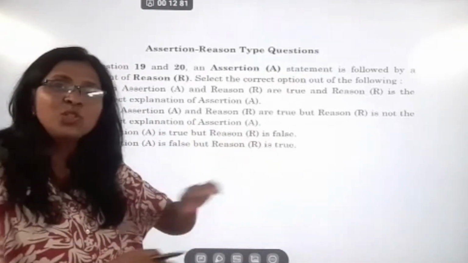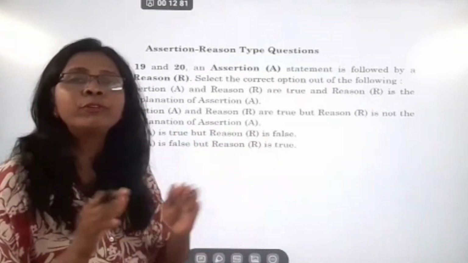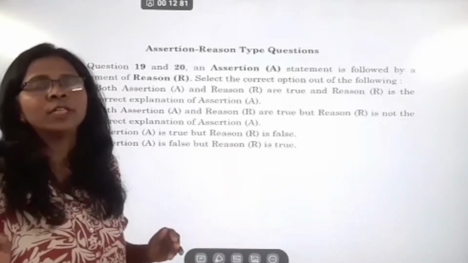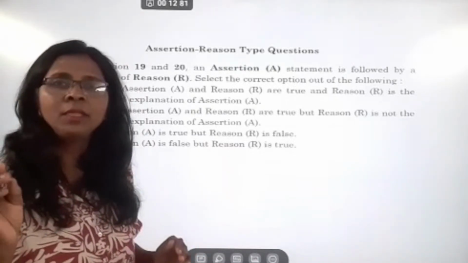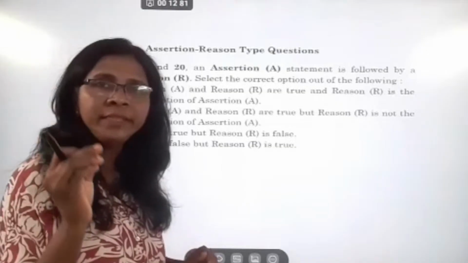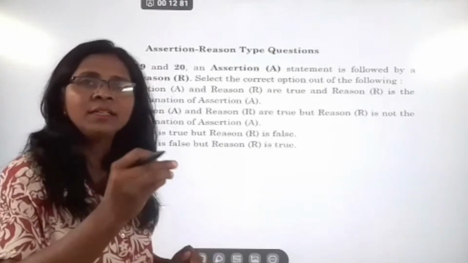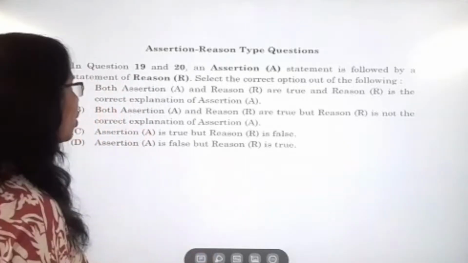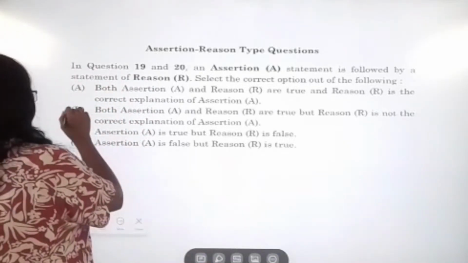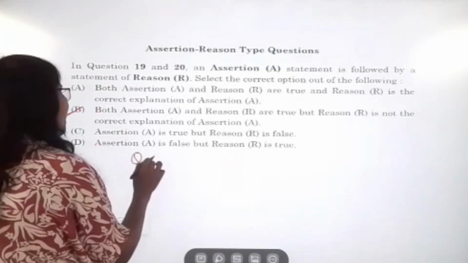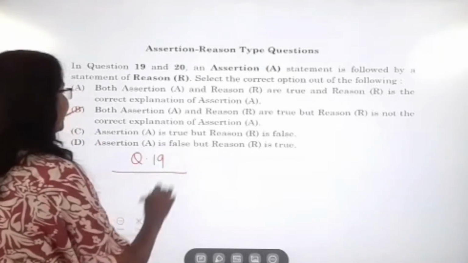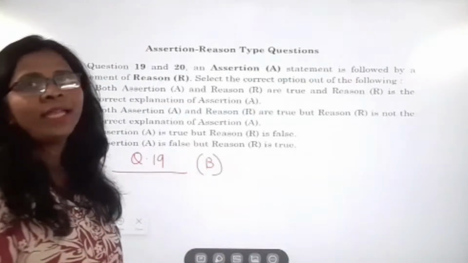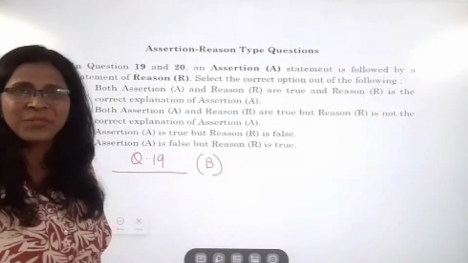Students, these two statements are different from each other and they are not related to each other. The reason is not the reason of the given assertion. So the correct option for question 19 is option B. Okay students.